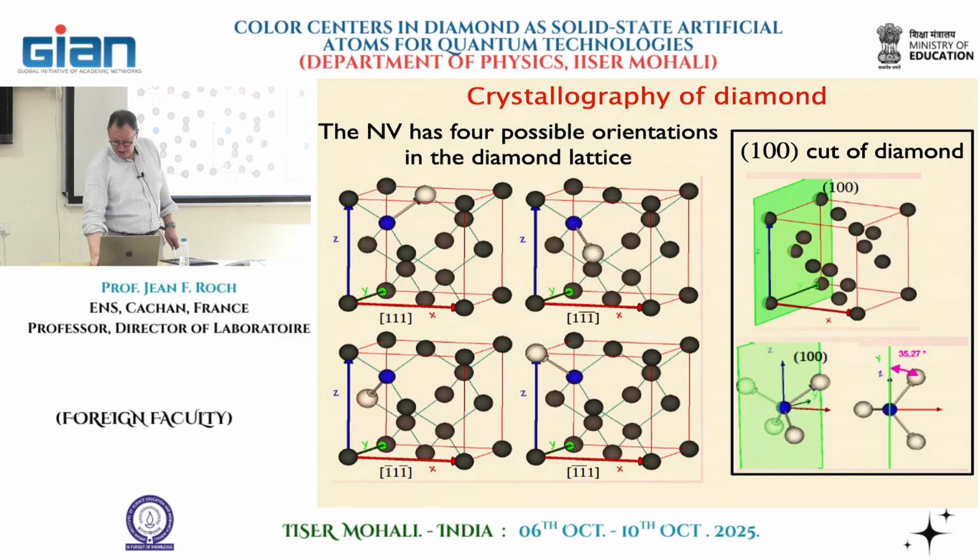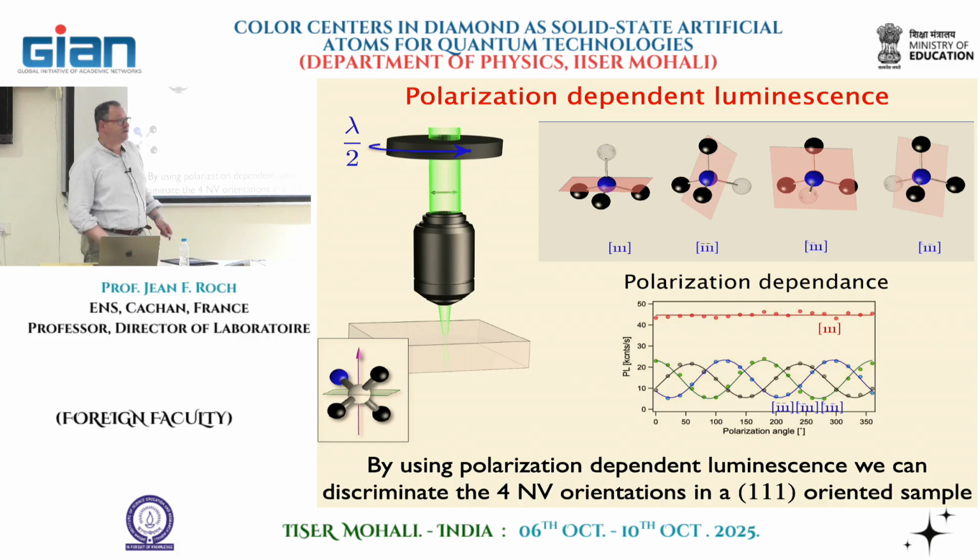35.27 degrees. And now, I can do this simple experiment to really show you that the emission, at least at ambient condition, is the contribution of these 2 independent dipoles. I take the excitation laser, and using a λ/2 plate, I turn the angle of the polarization.